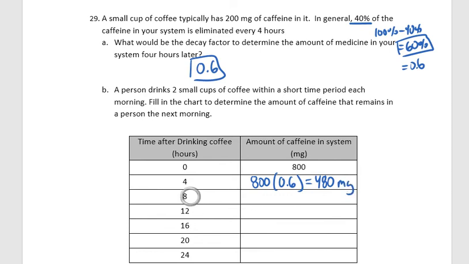Now at the end of 8 hours, we are going to multiply by 0.6 again, so we'll take this 480 times 0.6. That'll give me 288 milligrams, and to fill in the rest of the chart, we would just proceed as normal. Every time after 4 hours, multiplying by 0.6, by 0.6, by 0.6 to get the next value in the table.